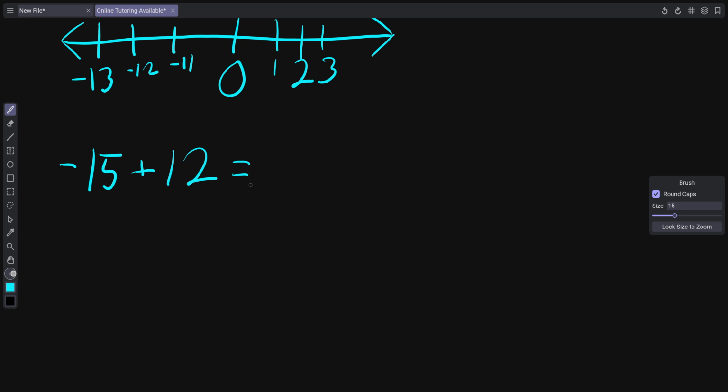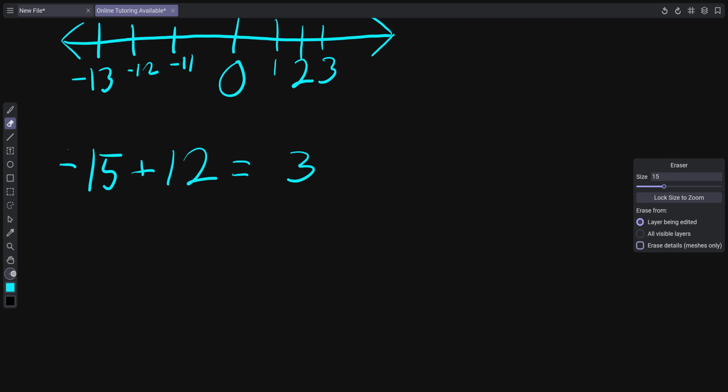And if we were to subtract 12 from 15, that would give us 3. But because the number that's attached to the negative sign is greater, it's actually going to be negative 3. So something to remember when you're doing this is whichever sign has the greater value is the sign that's going to remain on your answer.